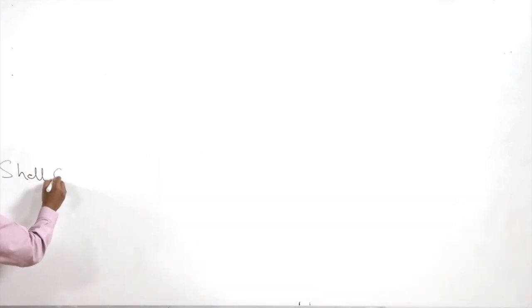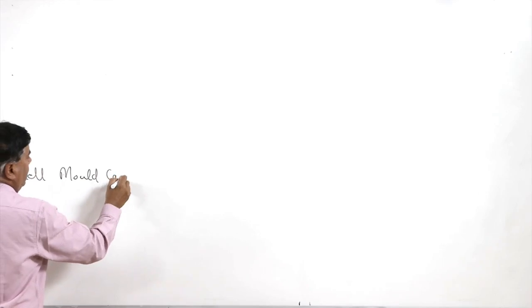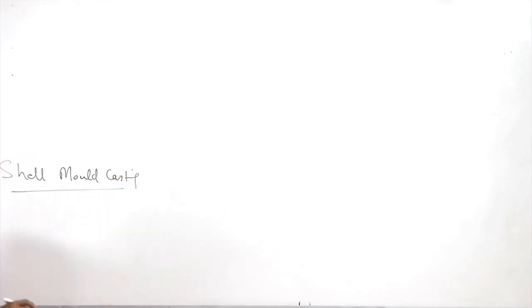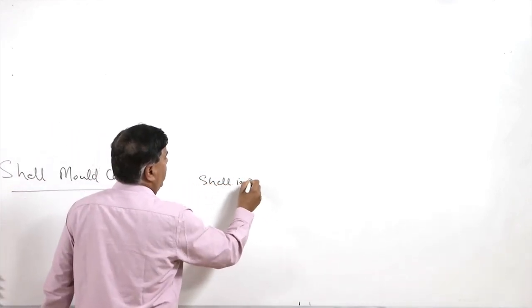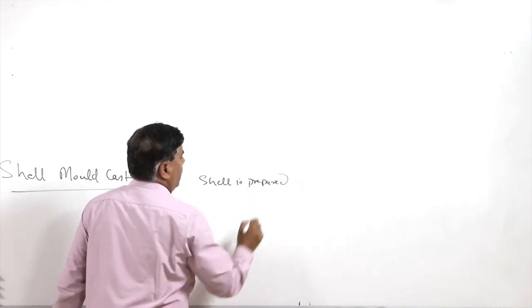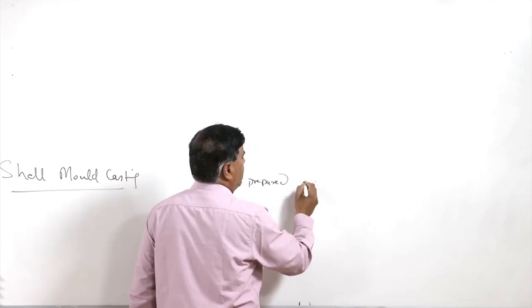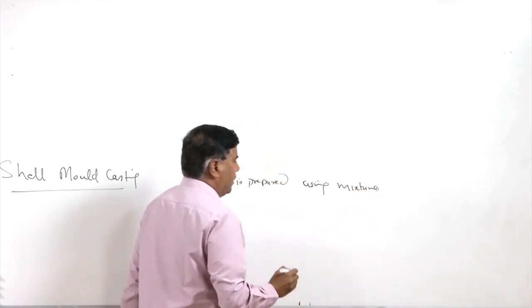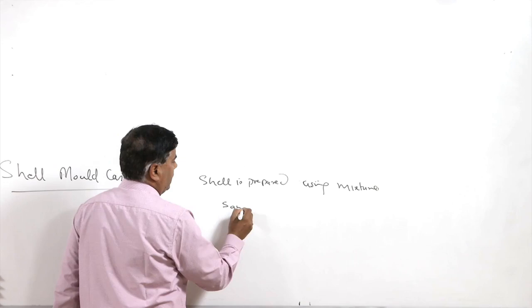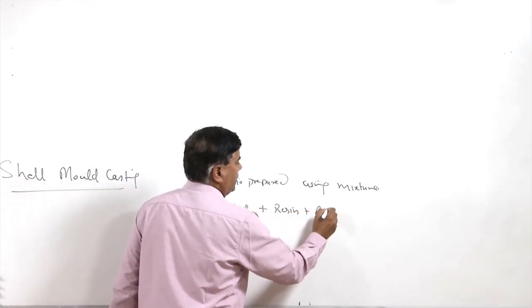In the shell mold casting process, as it appears from its name, a shell is prepared using a mixture of basically sand plus resins and plus additives.